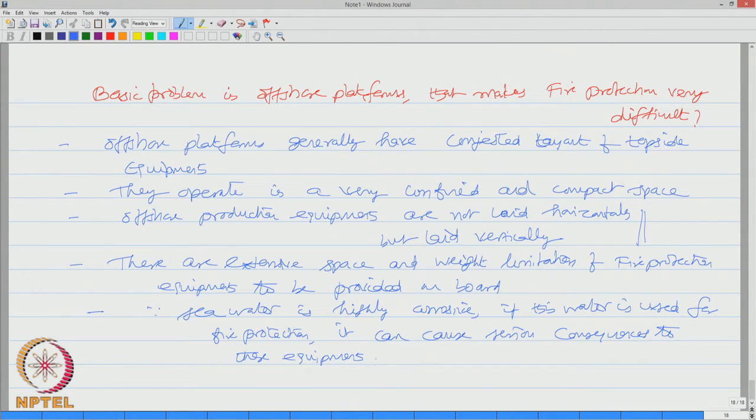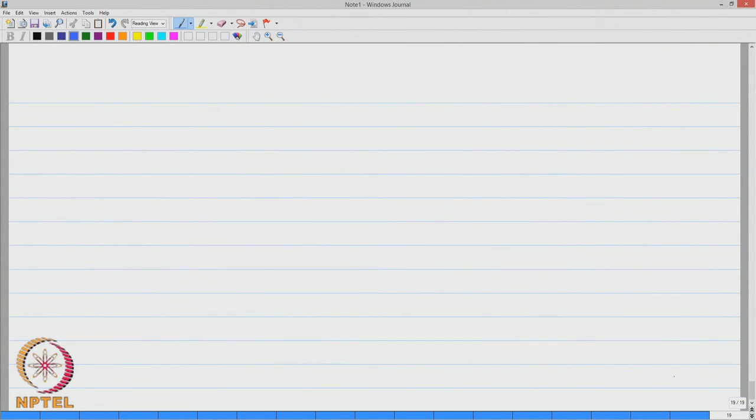Further, it is also harmful to humans on board. Therefore, there is a high demand of pure water to be used for fire protection systems in offshore platforms.